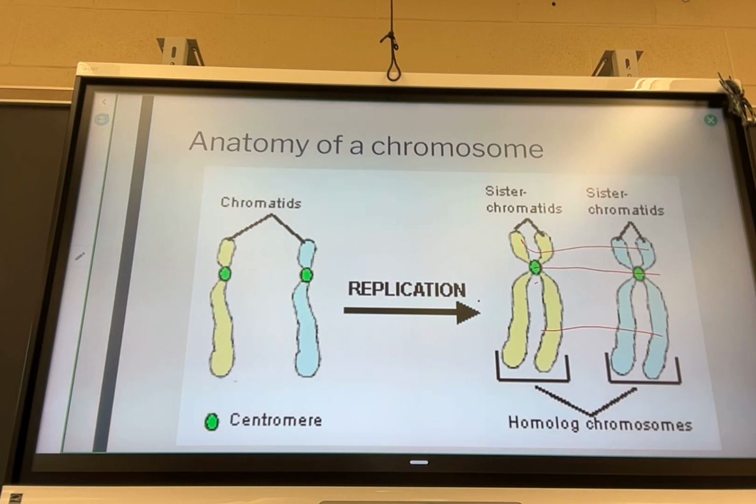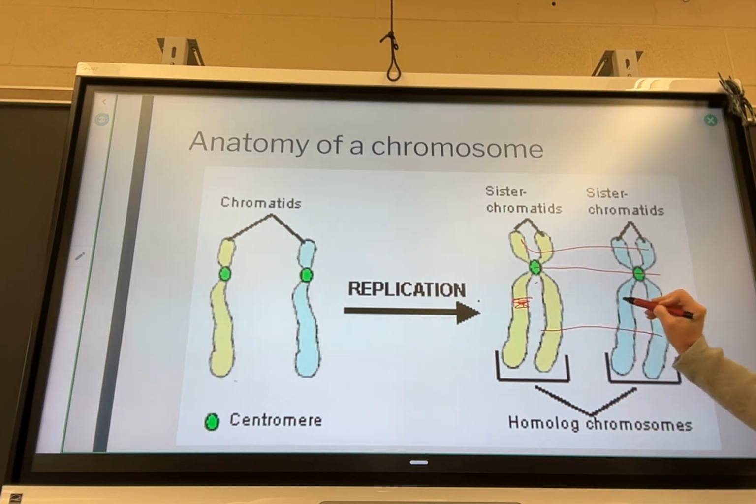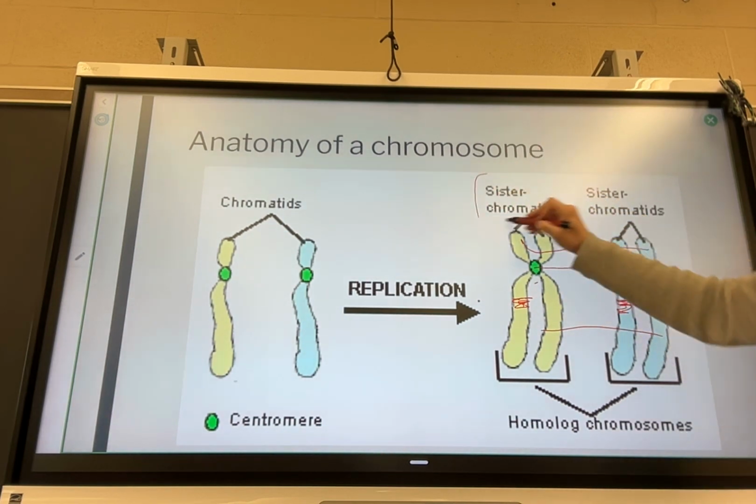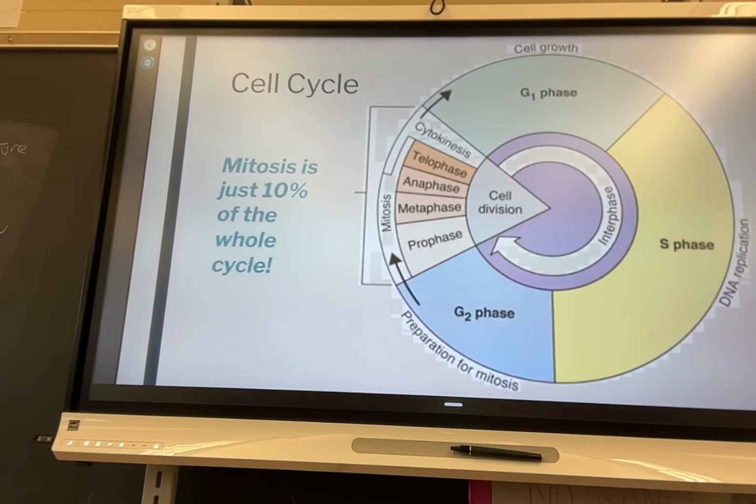Typically, they have information stored on the same spot. So if we look at gene A and gene B, they are both found on the same spot. So individually, they are sister chromatids. Together, they form homologous chromosomes. That's where we're going to end it for today.